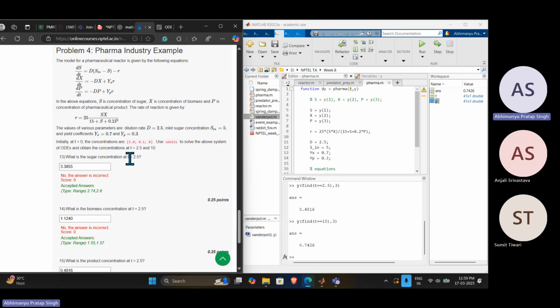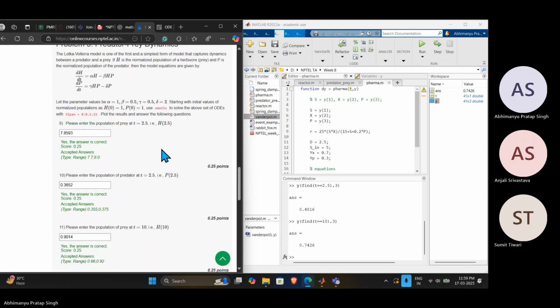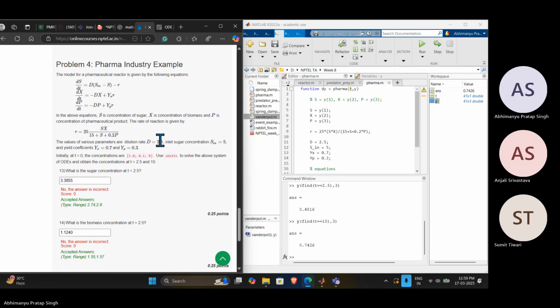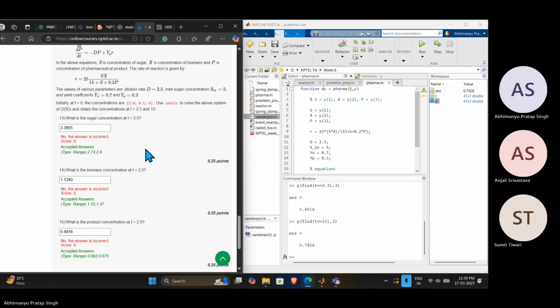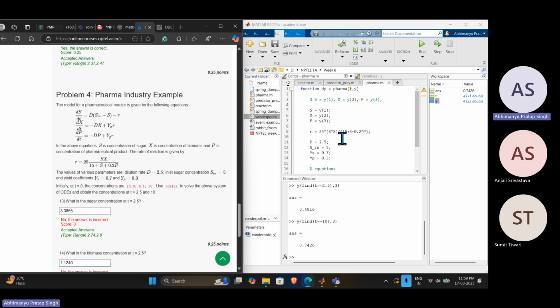Okay, so something is wrong in this. The test is correct. D is 2.5, S in is 5, Yx is 0.7, Yp is 0.3. Is the equation wrong?